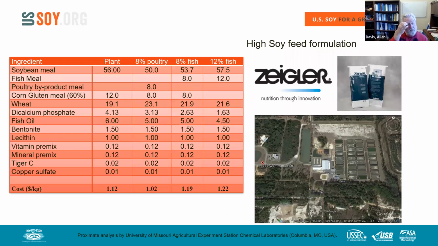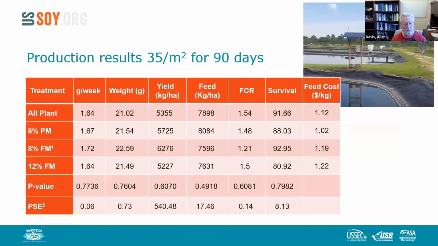So last year, or the year before last, we wanted to look at whether or not these acoustic systems would feed differently for different types of protein bases. So we did an all plant diet, 8% poultry, 8% fish meal, and 12% fish meal to look at the effects in acoustic systems. And we allowed the system to manage itself, and we got absolutely no differences across the board.